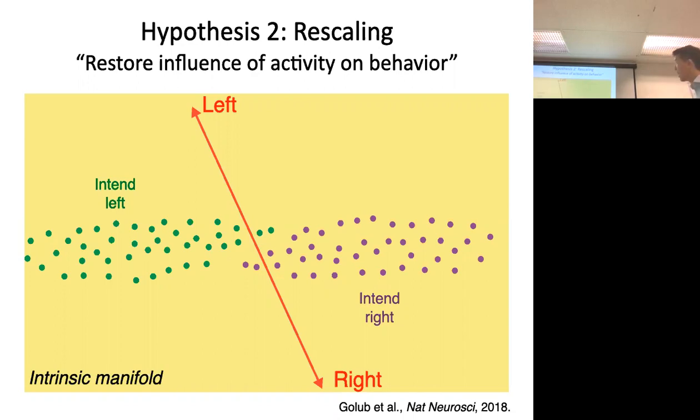And now under this new mapping, changes in neural activity in the horizontal direction have less of an influence, if you think about the projection of neural activity onto this line. So to restore that influence of the neural activity, the variance of the neural activity, according to this hypothesis, would scale up or down along certain dimensions such that the variance of the neural activity when projected onto the mapping was preserved. And this is an analogy to visual motor gain adaptation studies that came before us.